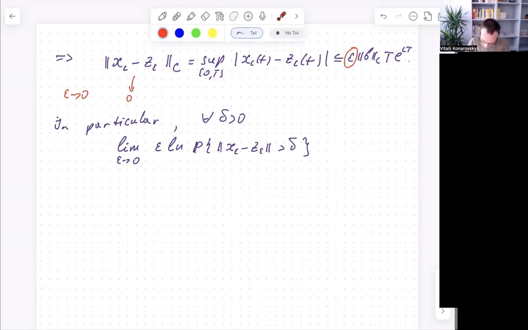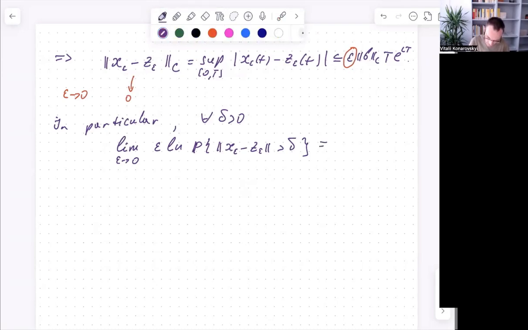That will mean that when epsilon is sufficiently small, this event will have probability zero. It will be the empty set, and therefore will have probability zero, but as we argued, the logarithm of zero is minus infinity, therefore here the limit is minus infinity.